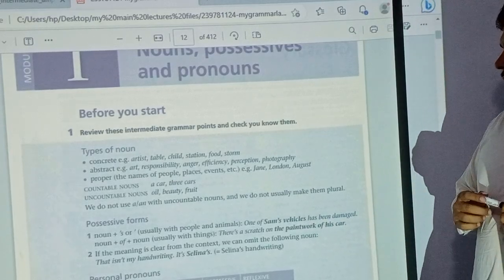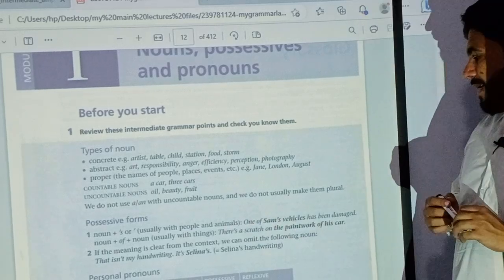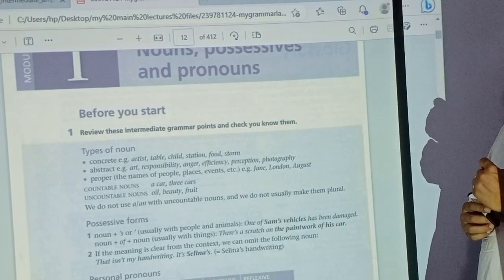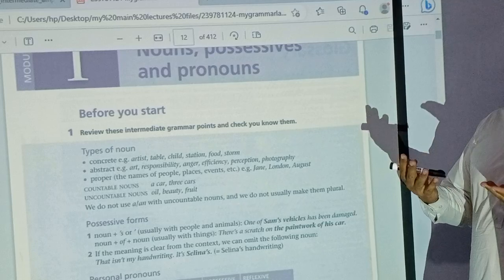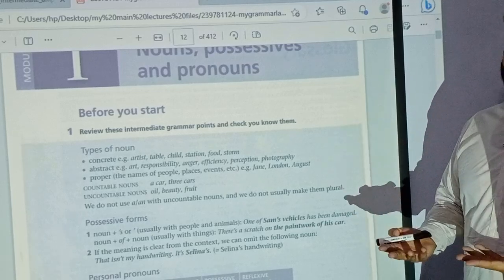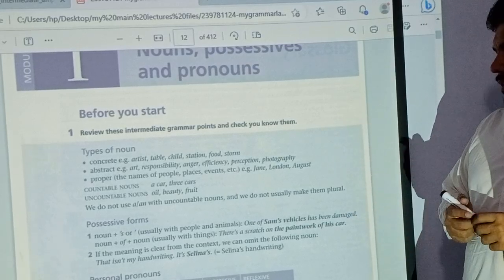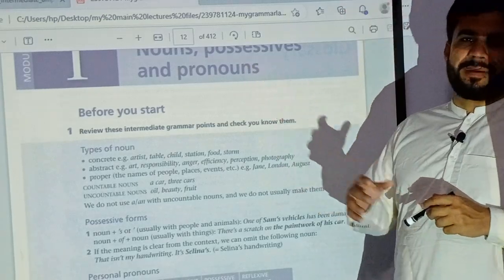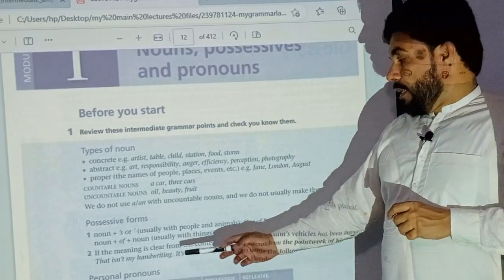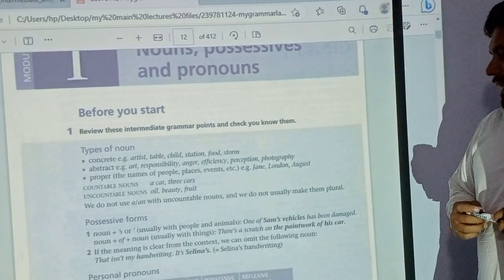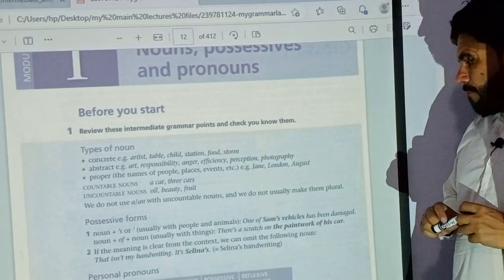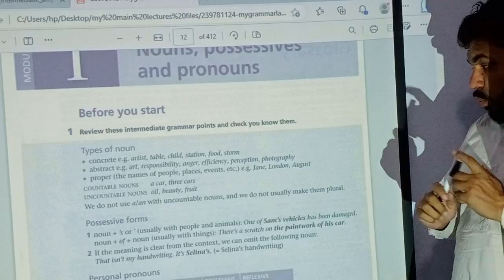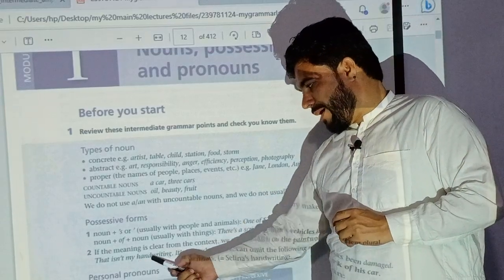If the meaning is clear from the context, we can omit the following noun. When you know who is being talked about or what is being talked about, you essentially do not mention it again, because that becomes a bit redundant. You see here an example: that isn't my handwriting, it is Selena's. Now what are we talking about? We're talking about handwriting.